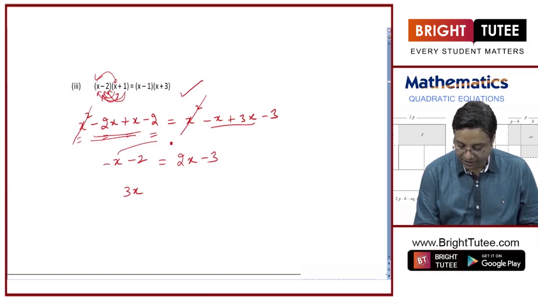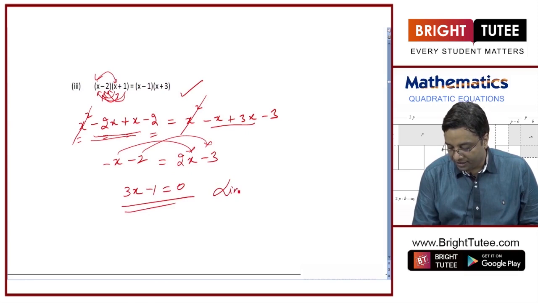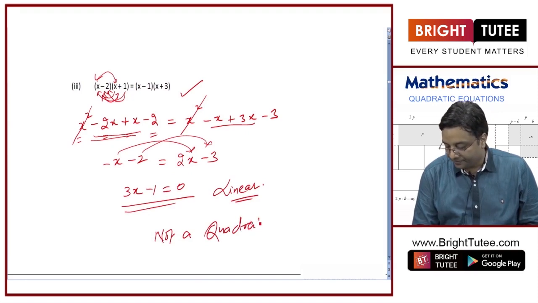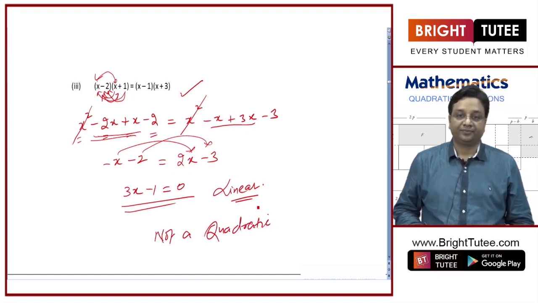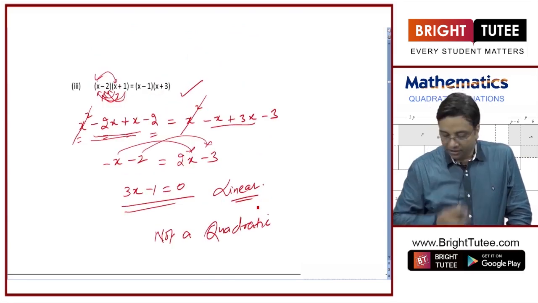When I take this minus x here, it will give me 3x. So when I take minus 2 here, it will give me minus 1. So this is a linear equation and not a quadratic, right? So this is how we see whether an equation is a quadratic equation or not.